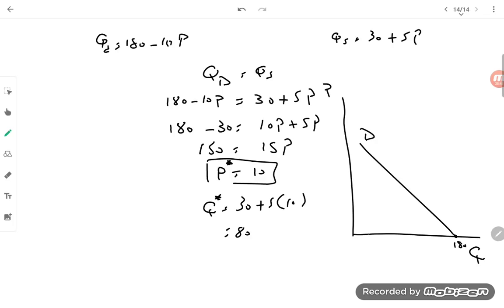This is demand and this is 30. This is supply. Point of intersection is the point of equilibrium at 80 and 10. So this is requirement number 1.